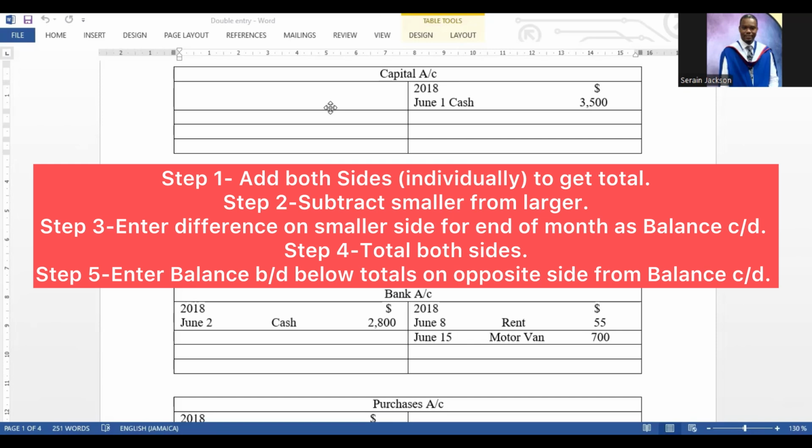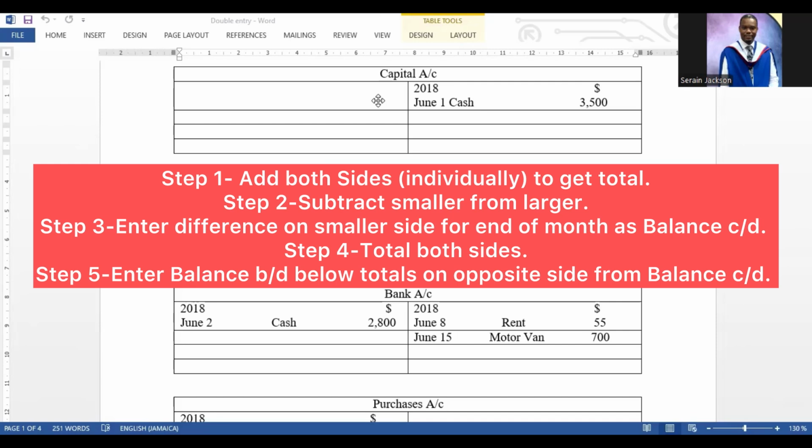And you will get a figure that we will call the balance carried down. A tip right there is that the balance carried down is always on the side that has the smallest amount. The third step is to enter the balance carried down on the side with the smallest amount.